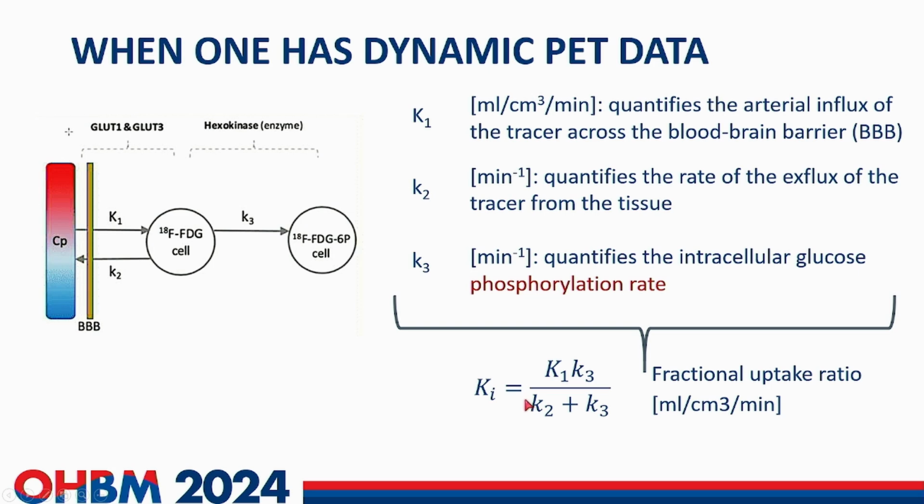So SUV in FDG is strongly related to the Ki. It's not related to K1, it's not related to K3. K3 is phosphorylation: glucose being transformed in the first step of the glycolytic chain.